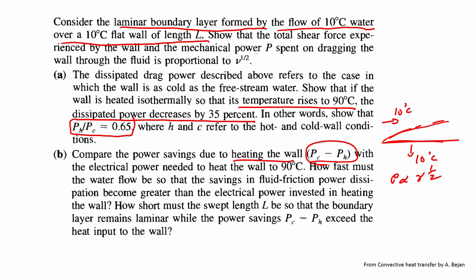So, you have to compare the two. Basically, you have to compare the electric power needed to heat the wall to 90 degrees Celsius, and see whether that electric power you have invested is lower than the power savings due to the wall. So, these are the three things that we need to prove in this particular question.